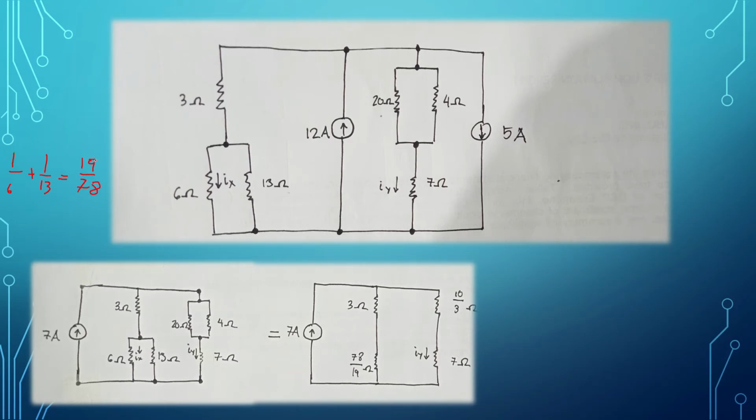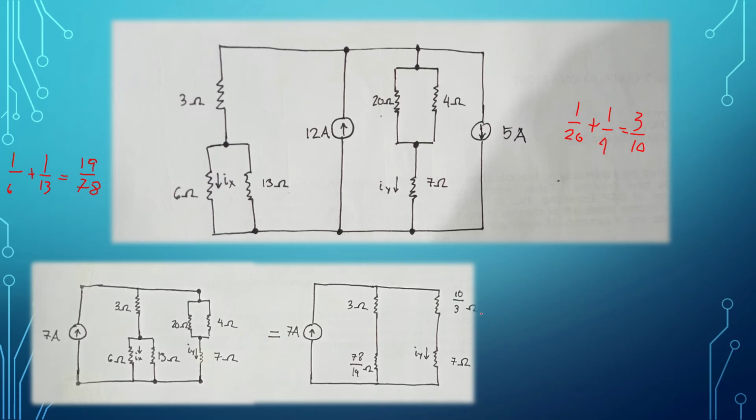You take the reciprocal of this, and that is your resistance. So here it is, 78 over 19, as well as these parallel circuits. So you do 1 over 20 plus 1 over 4, you get 3 over 10. You take the reciprocal of this and you get 10 over 3.